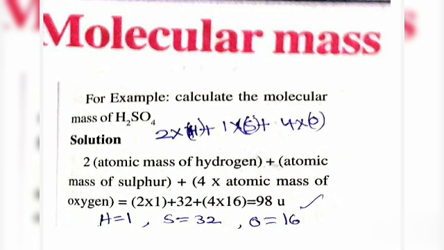Now we can write the molecular mass like that: 2 into the atomic mass of hydrogen plus 1 into the atomic mass of sulfur plus 4 into the atomic mass of oxygen.